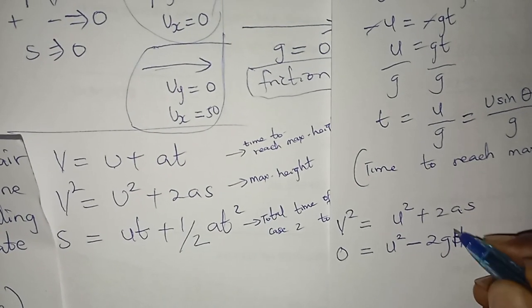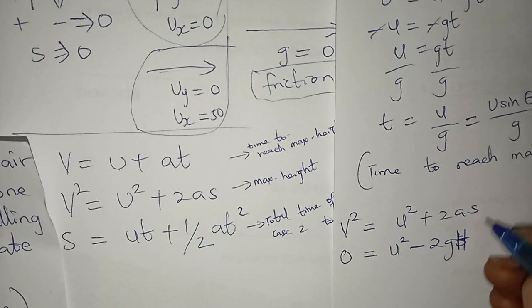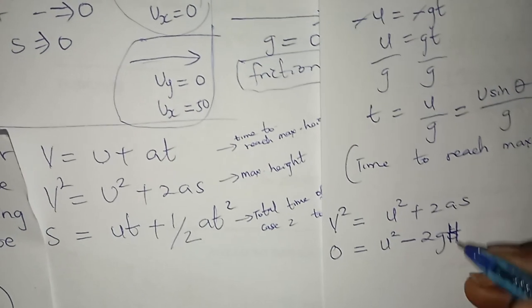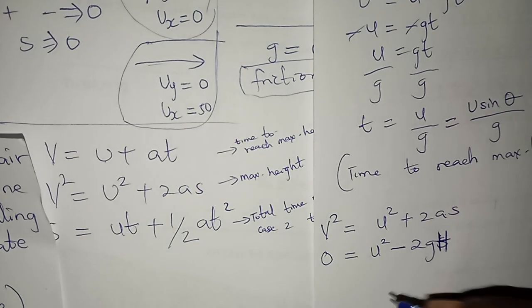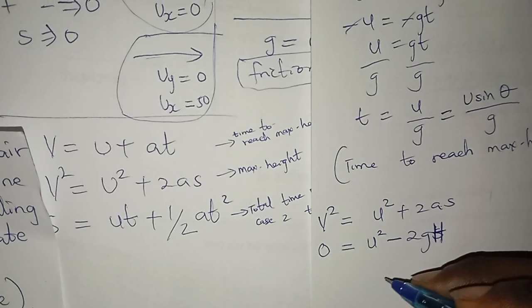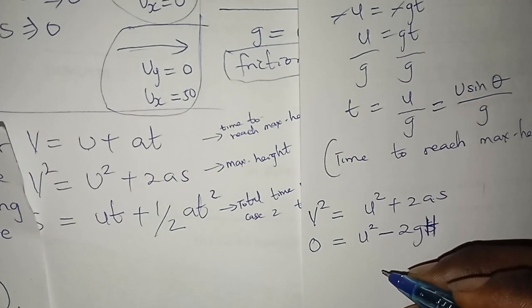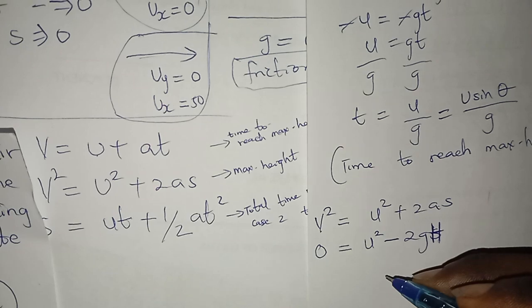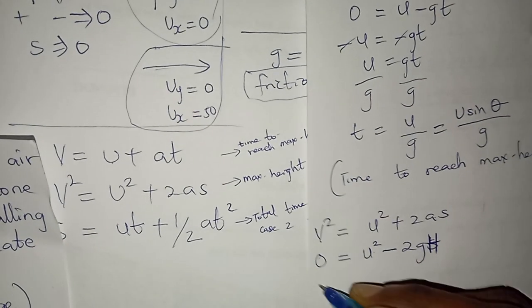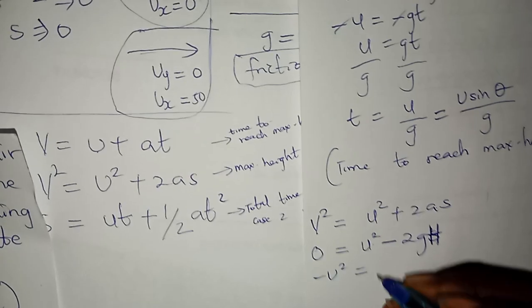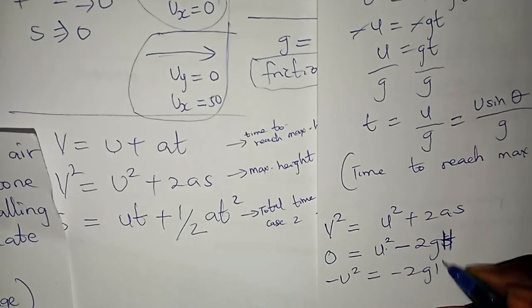Whenever you're talking height, the s for displacement changes to h, because anything of that sort on the vertical axis is no longer considered a length or distance, rather the height. So if this crosses, I have minus u square equals to minus 2gh.